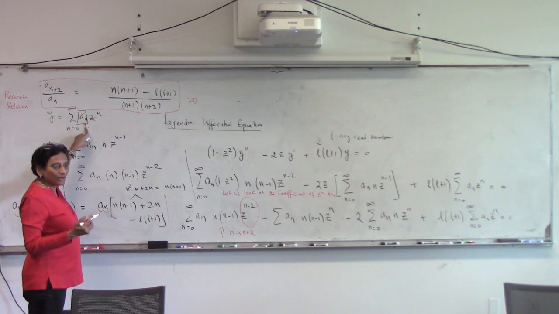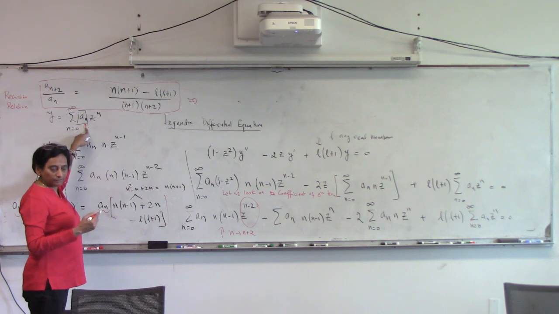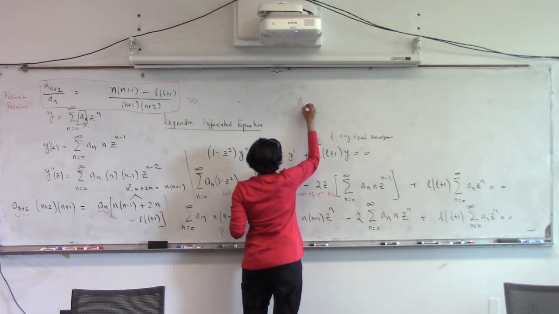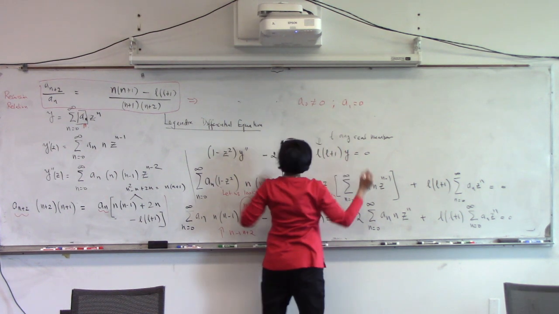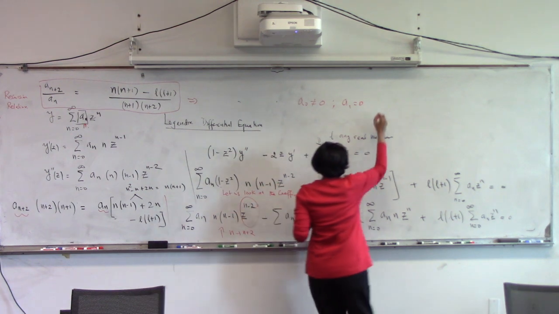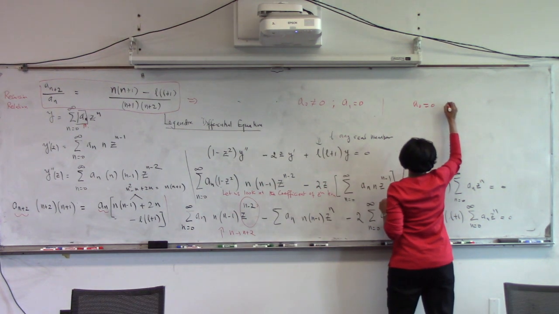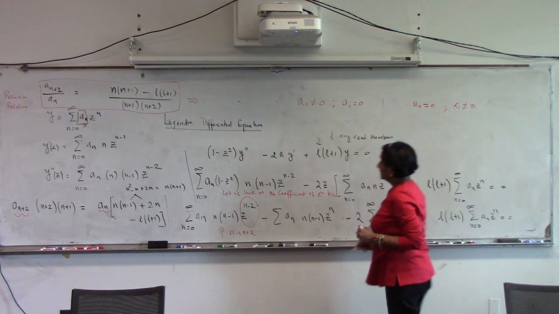So we could choose one solution where A naught is not 0 and A1 equal to 0, and the other one where A naught equal to 0 and A1 is not 0. The other set of independent solution we can get by that, okay?